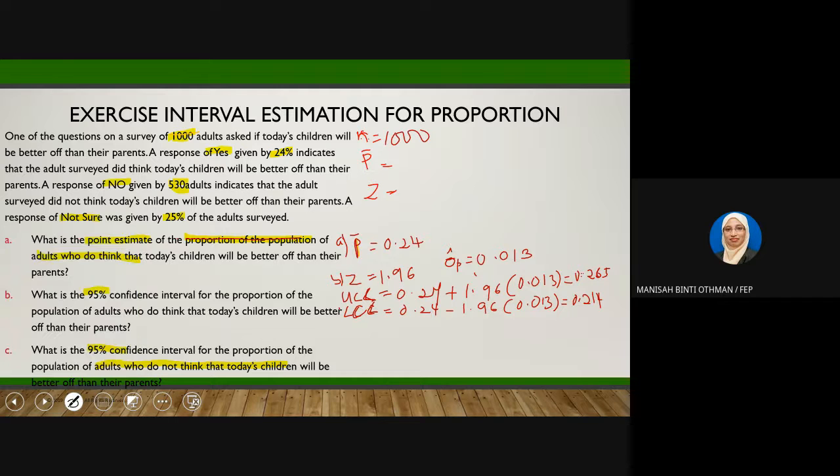Okay, so then you have to recalculate P bar. P bar is 530 divided by 1000, so 0.53.